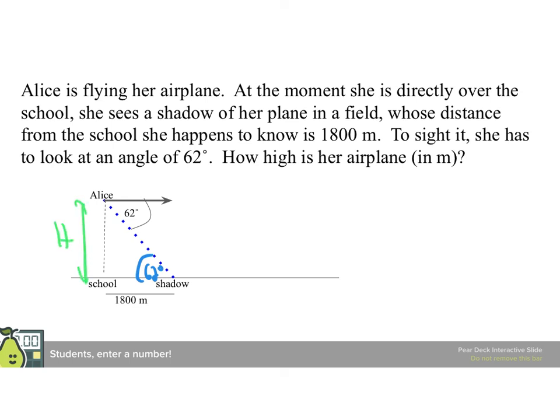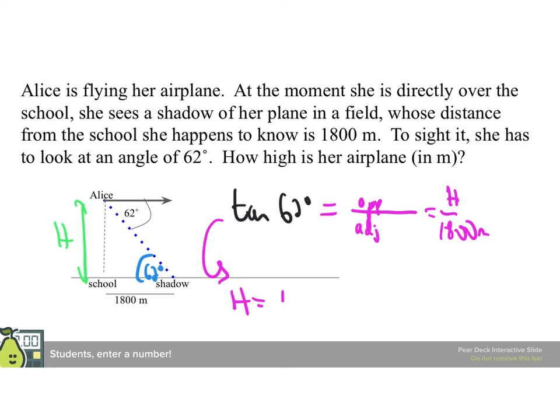And we can see that from the definition, the tangent of 62 degrees here is equal to the opposite side over the adjacent side, which for us is h over 1,800. So that means that h must be 1,800 meters times the tangent of 62, which, if you grind it out, turns out to be something shy of 3,400, but the sig figs rounds up to 3,400. So she must be at a height of about 3,400 meters.